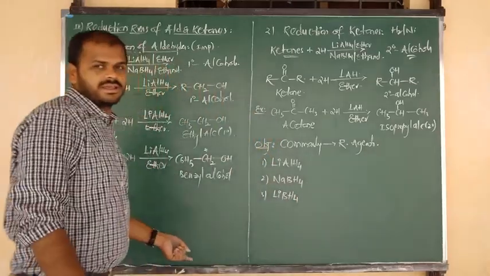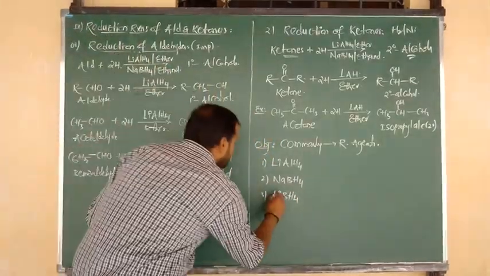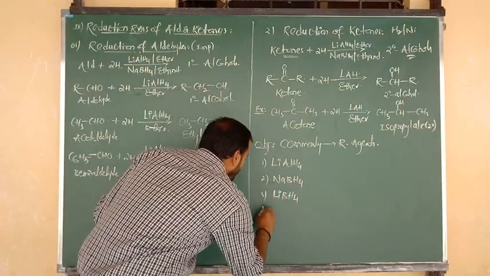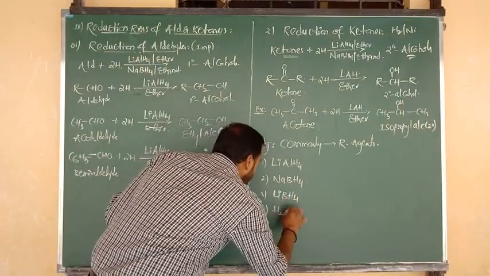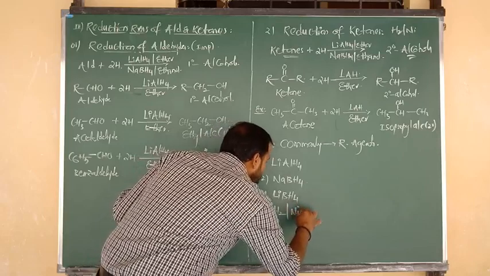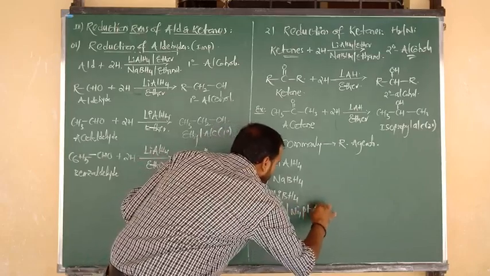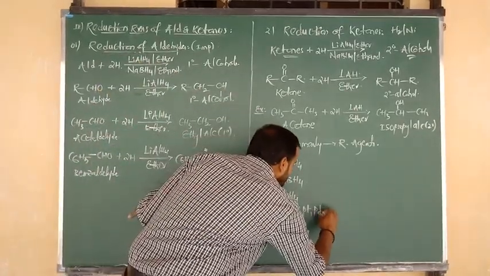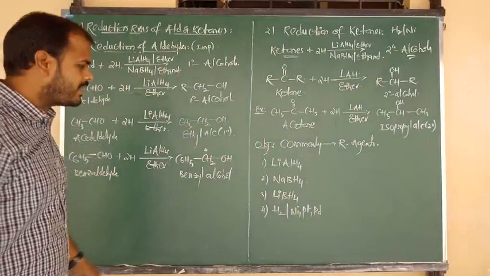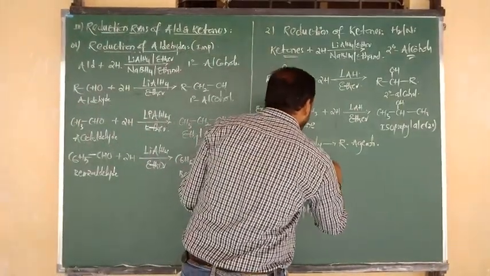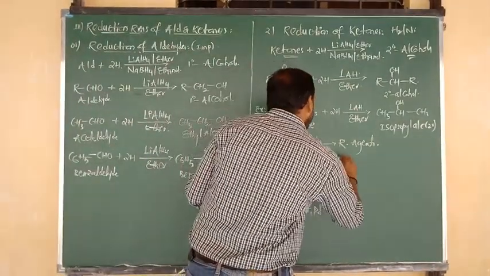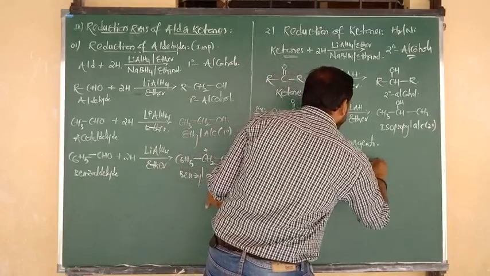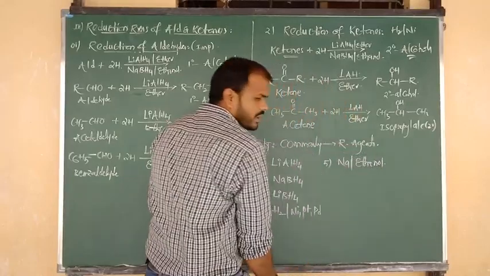You can use this also, lithium borohydride. Next one, many times I have already told you, is catalytic hydrogenation, addition of H2 in presence of nickel, platinum, palladium. Next one is the reducing agent sodium in presence of alcohol, or in presence of ethanol.